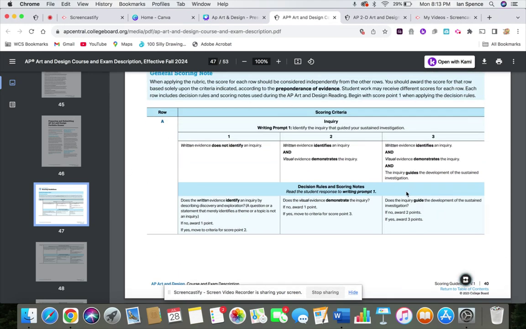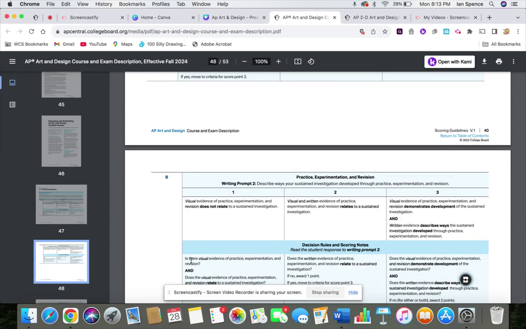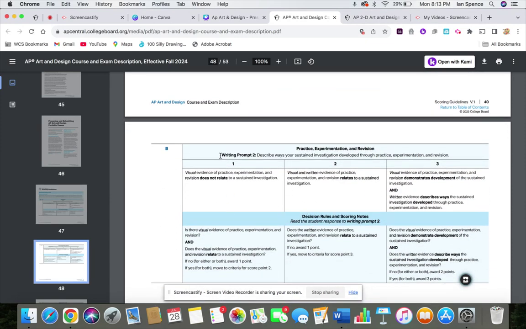So that's the first row. Then the second row is about writing prompt 2. And you guys will see what the prompts look like in the example I'll show you in just a second. But did the student describe ways their sustained investigation developed through practice, experimentation, and revision? So here we are talking about practice, experimentation, and revision again, and this is a big portion.